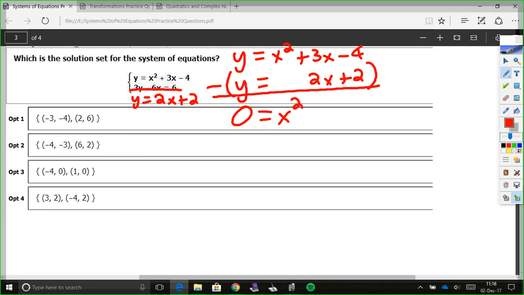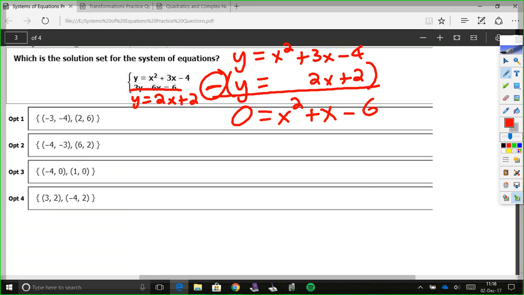Keep in mind we're still subtracting here. 3x minus 2x would be just 1x. And -4, be careful, you're subtracting. -4 minus 2 will be a -6. You have to be real careful there because you have to remember that you're subtracting those.